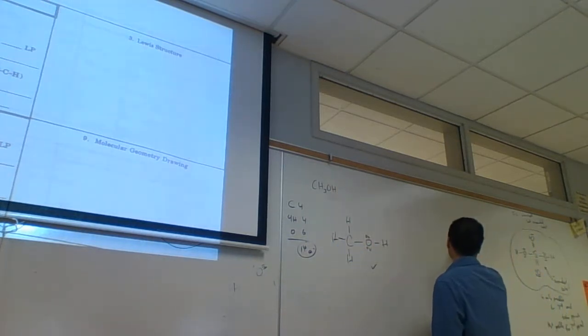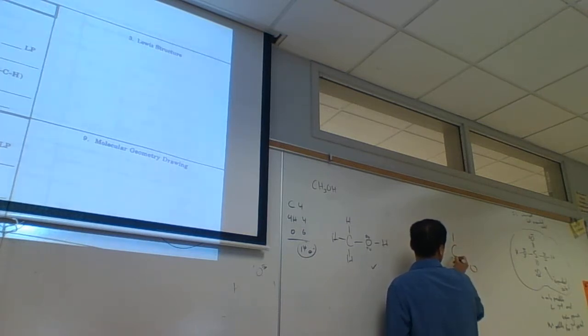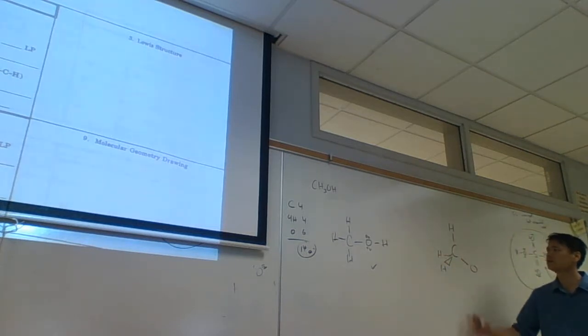What we want to do is draw the chain down and right. And so this would be the chain, or the bridge. The terminals we can draw other ways. Okay, so this is the geometry around the carbon here.